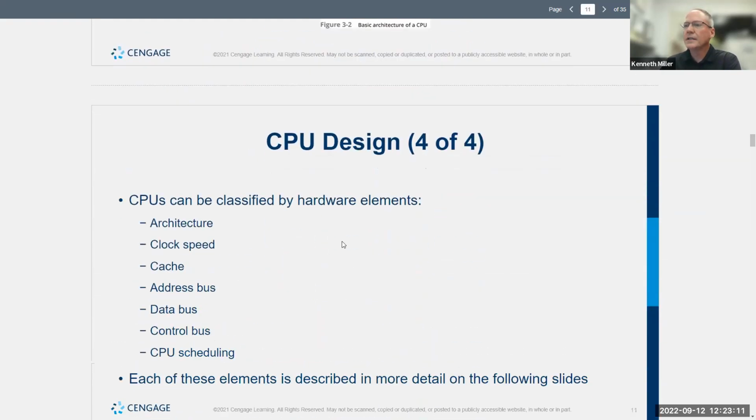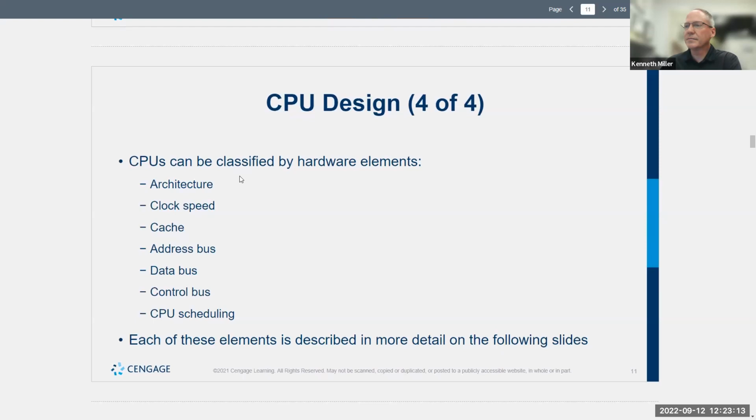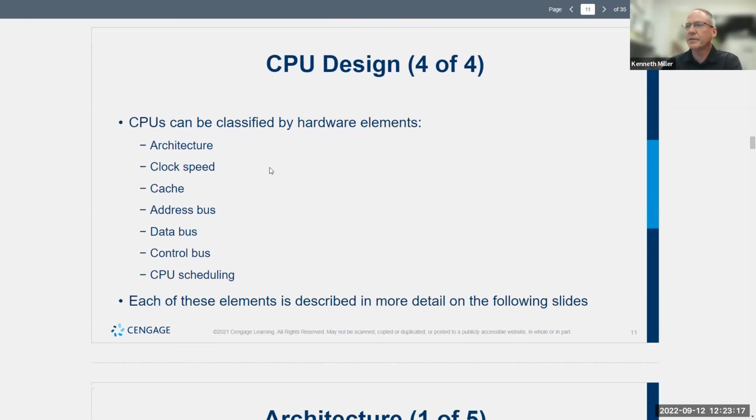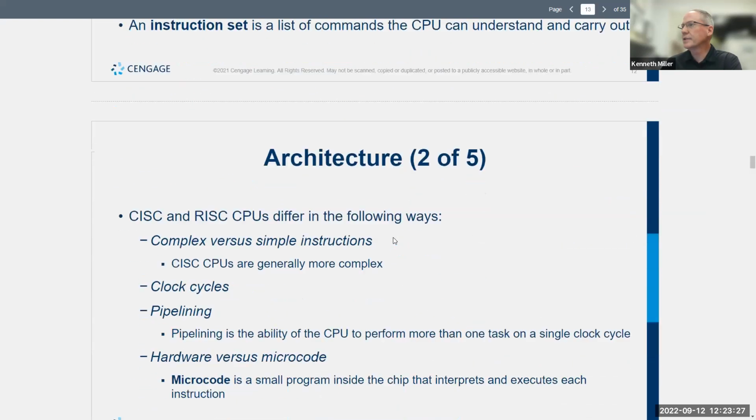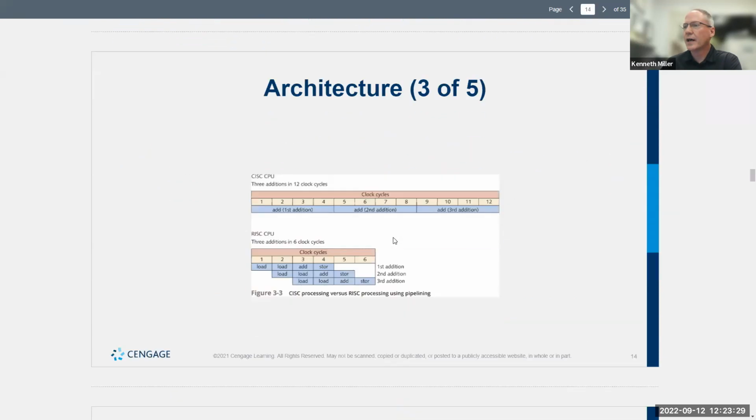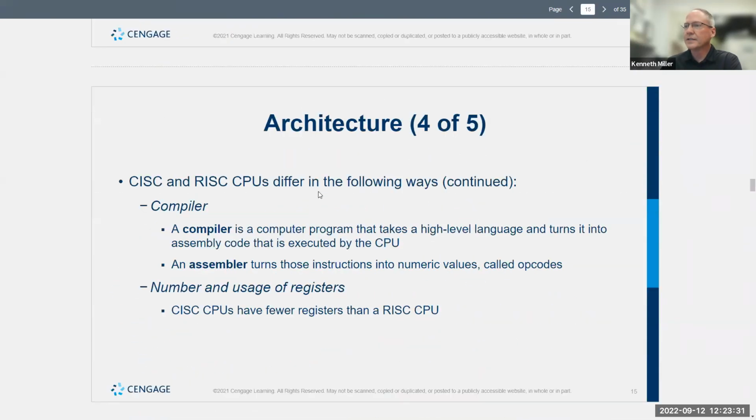All right. Here's some ways we can classify some of the hardware elements of the CPU. Of course, the architecture, the speed, the cache, the bus, the address bus, data bus, control bus, and then the CPU scheduling. I'm going to leave some of these for you to read over. And then there's a section in here about the architecture.